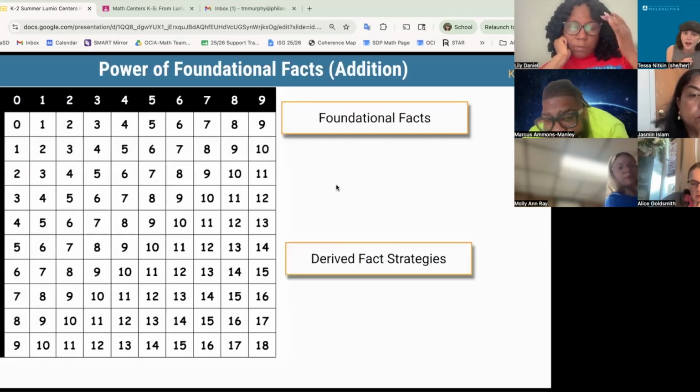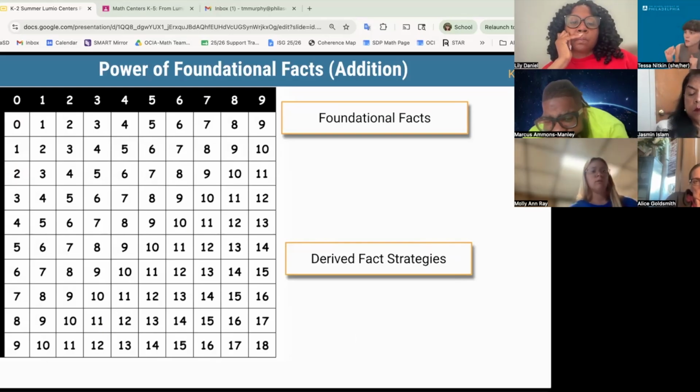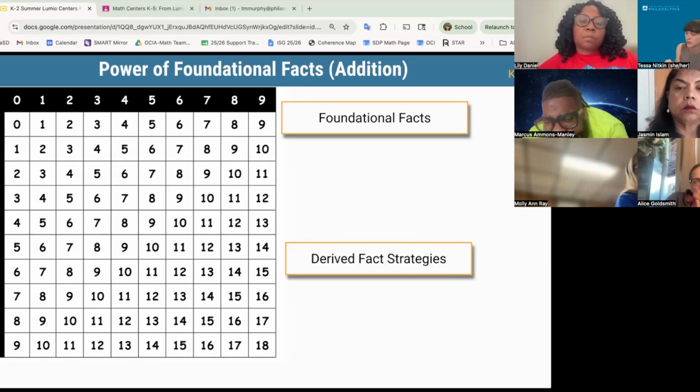I'm going to look at our facts now. This addition table has addends 0 through 9 and sums 0 through 18. In a moment, we're going to do a waterfall in the chat. I want everyone to write one fact on here that you think is easier for students to know. It's like a first fact you want students to learn. Okay, we're going to type it in, but don't press enter yet.